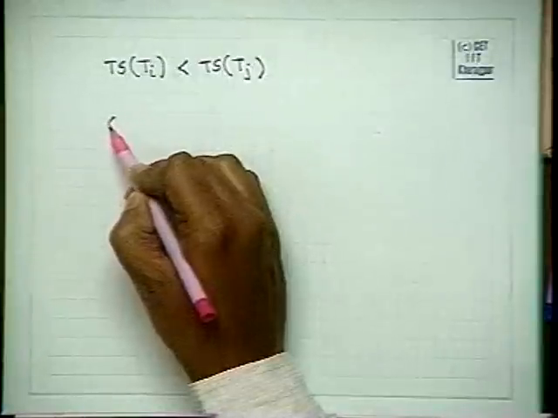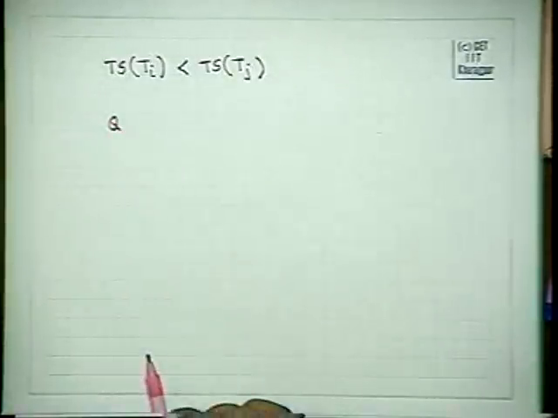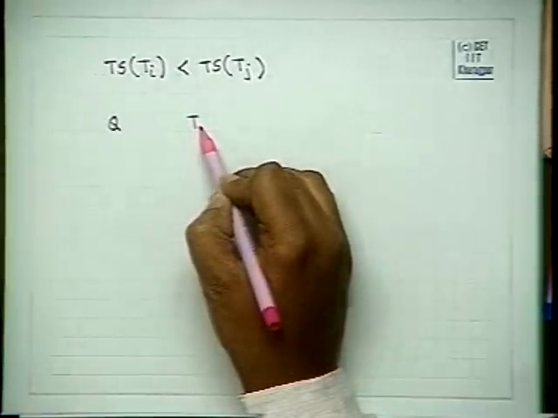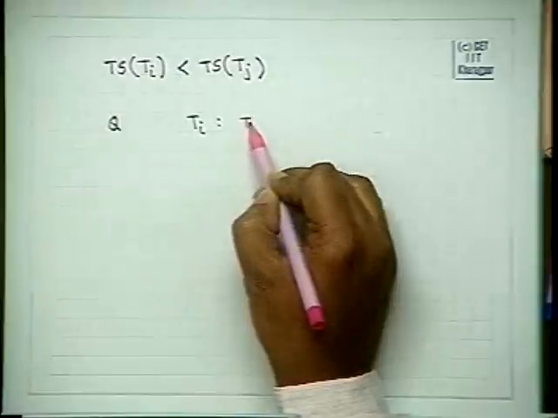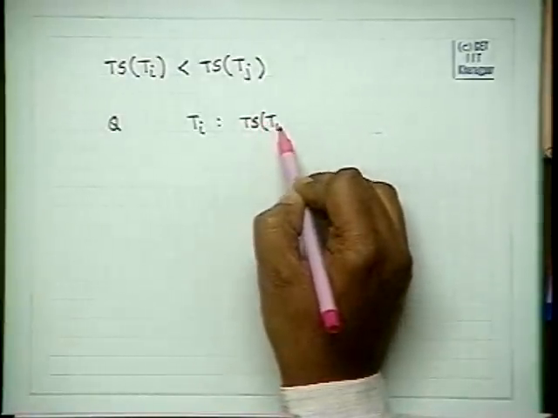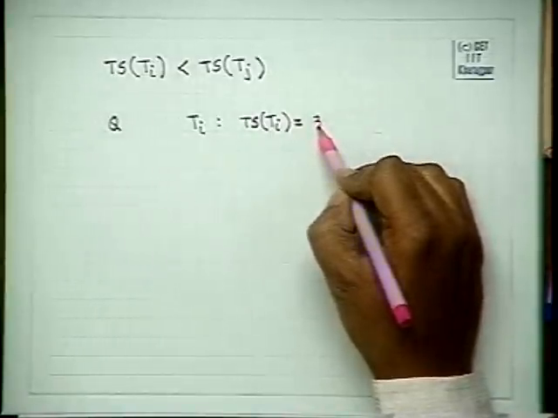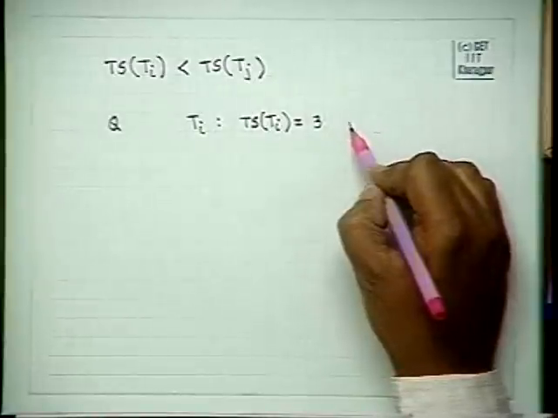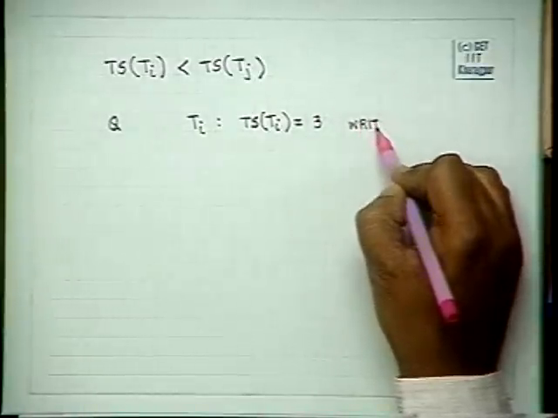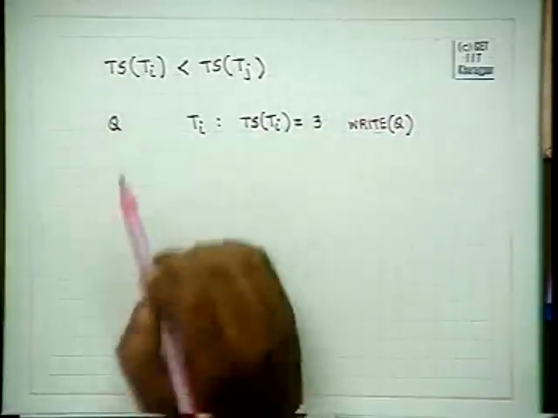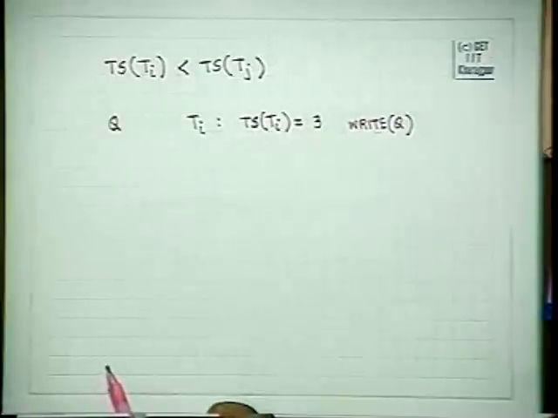Suppose there is a data item Q, and one transaction Ti whose TS(Ti), let us assume a logical time, is equal to 3, executes write(Q). Let initially Q have no value, 0.